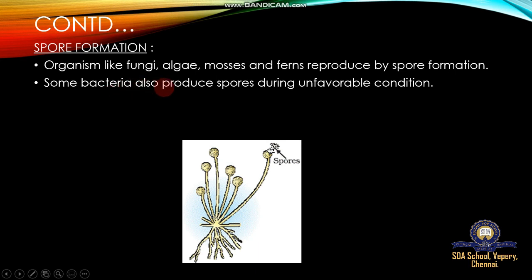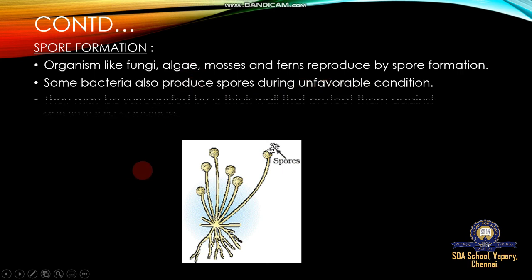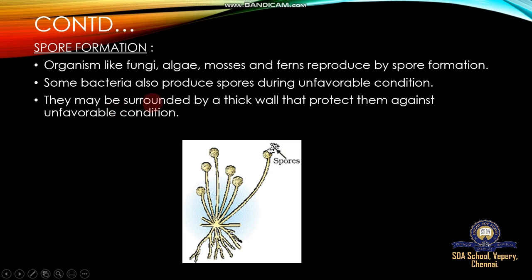Some bacteria also produce spores during unfavorable conditions. What is unfavorable? Unsuitable conditions, or not the right time. So at these times bacteria produce a lot of spores. They may be surrounded by a thick wall that protects them against unfavorable conditions.